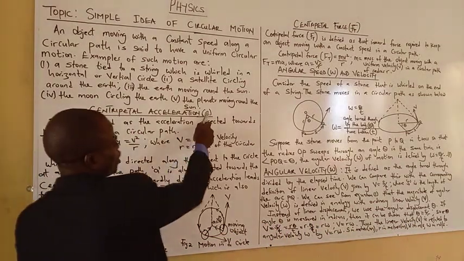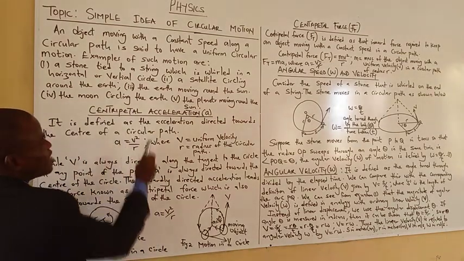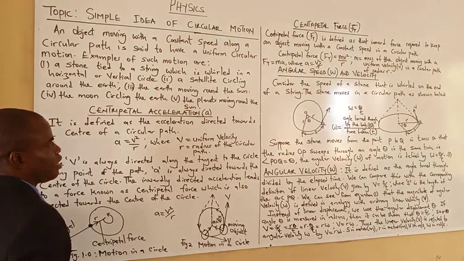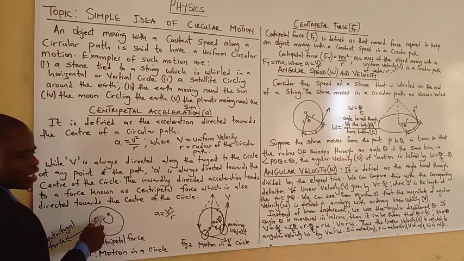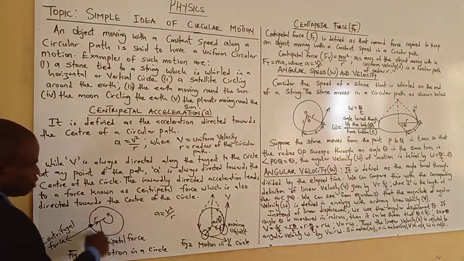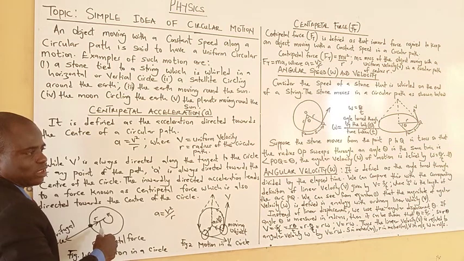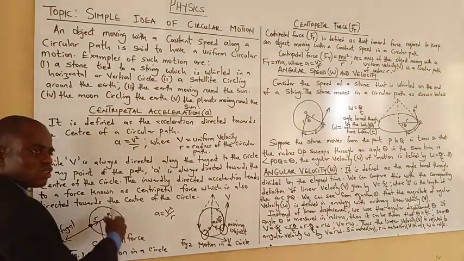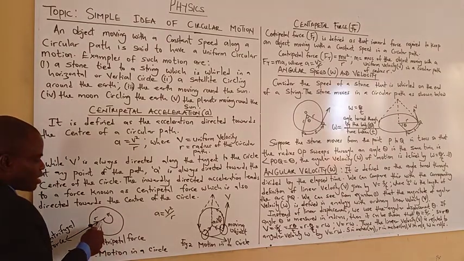We use a, small letter a, to represent centripetal acceleration. It is defined as the acceleration directed towards the center of a circular path. When an object is moving around the circle like this, the force that keeps the object moving in the circle without skipping away is centripetal force.